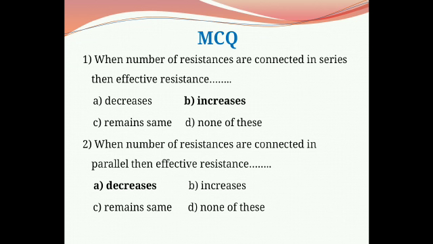Now we solve some MCQs on these topics. First is, when a number of resistances are connected in series, then the effective resistance. Options are decreases, increases, remains same, none of these. As we know, when resistances are connected in series, the effective resistance increases. Therefore the correct option is B. Second question, when a number of resistances are connected in parallel, then the effective resistance.